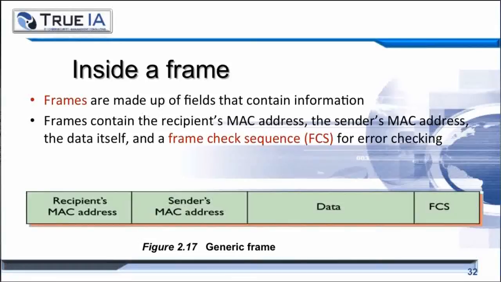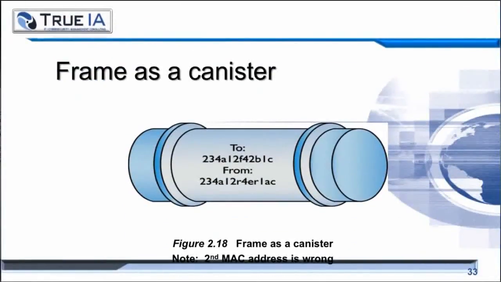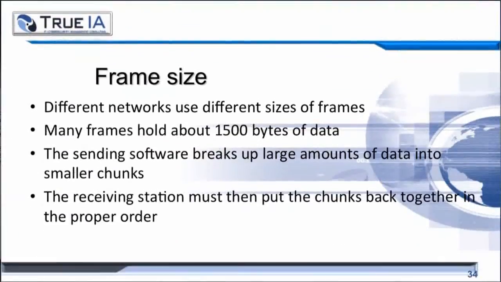For instance, frames contain the recipient's MAC address, the sender's MAC address, the data itself, and a small piece at the end called the FCS, the frame check sequence. This is for error checking to make sure that the data gets there in one piece. You can think of this frame as a canister, much like you'll use at your bank drive-through. It contains all of this information that we now need to put on the wire.